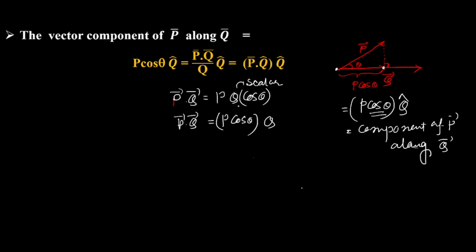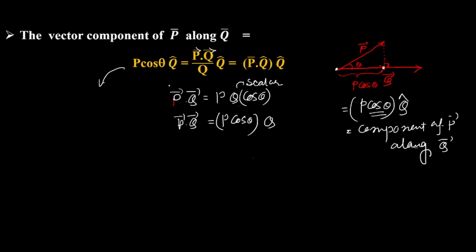P dot Q is equal to PQ cos theta, but this is a scalar quantity. So P cos theta into Q is P dot Q. Now what about the component? It can be written as P cos theta Q cap is equal to P dot Q vector by Q vector magnitude, into Q cap.